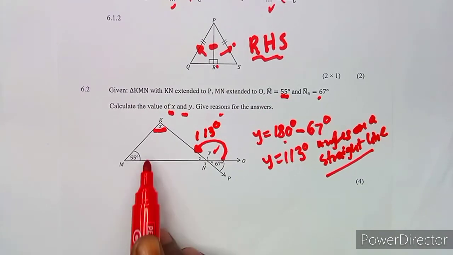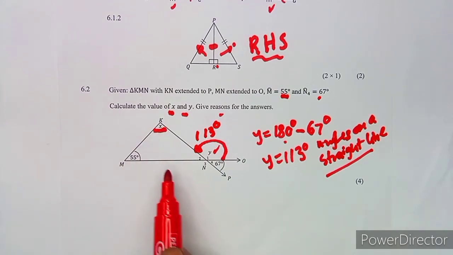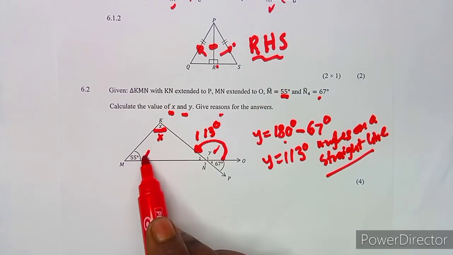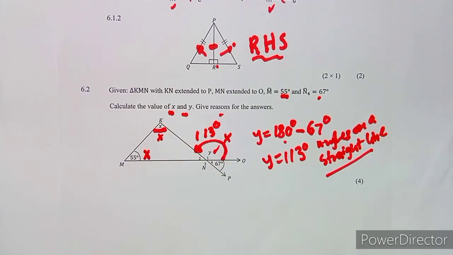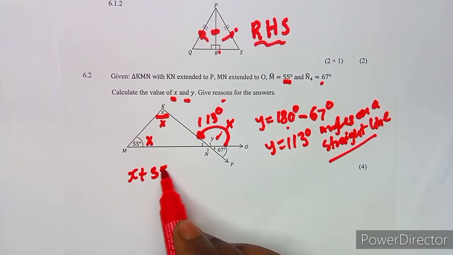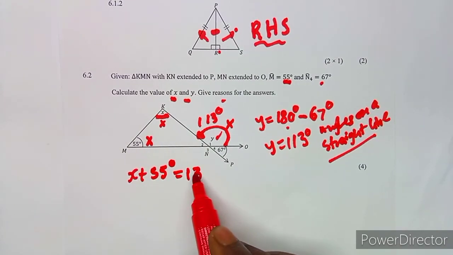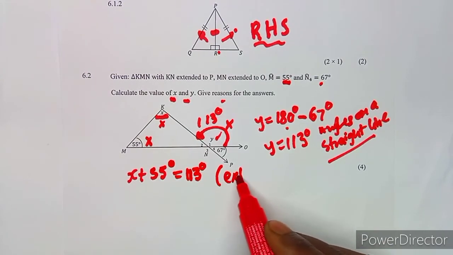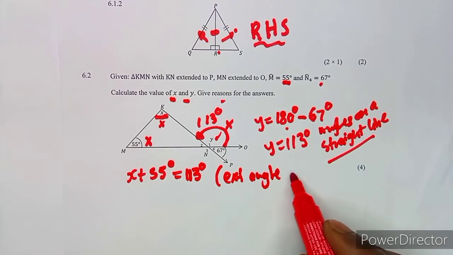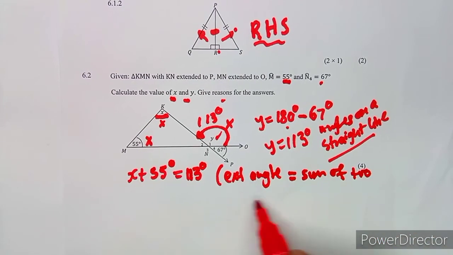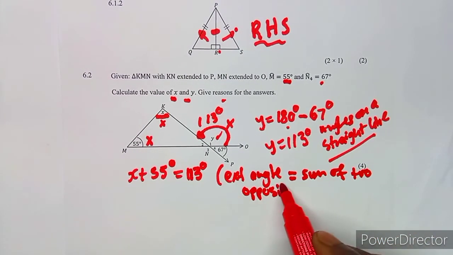We are now left with x. We can find this x, because there's a relationship between this x, this 55 and this 113. If we add these two, x plus 55 degrees, we must obtain 113 degrees. Why are we saying so? The exterior angle is equal to the sum of the two opposite interior angles.